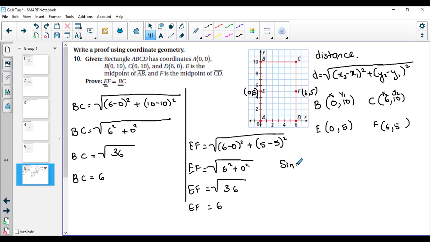So let me start with, since 6 equals 6, therefore BC equals EF, or EF equals BC. It's going to be the same idea, right? So this is how you prove.